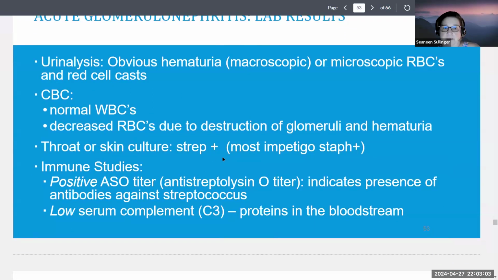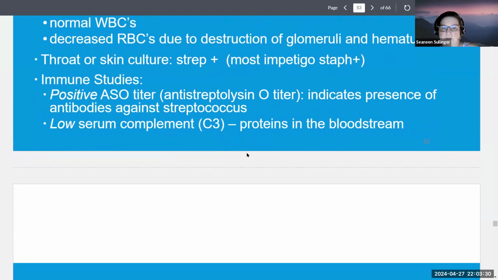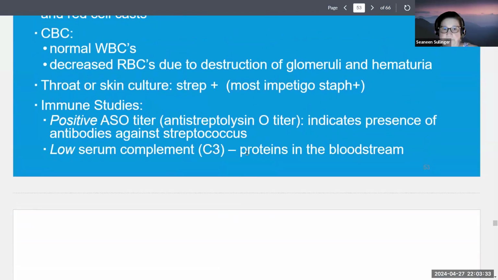The throat or skin culture could be strep positive, or you might see a positive ASO titer, an anti-streptolysin O titer. That indicates the presence of antibodies against strep. So if you see the antibodies, then you know the strep was there. Low serum complement, but usually the positive ASO titer is the big indicator.